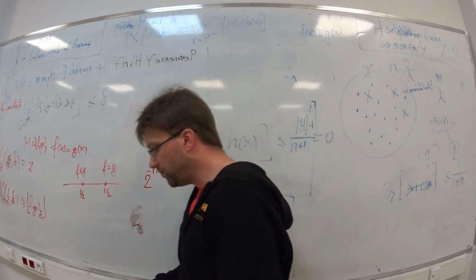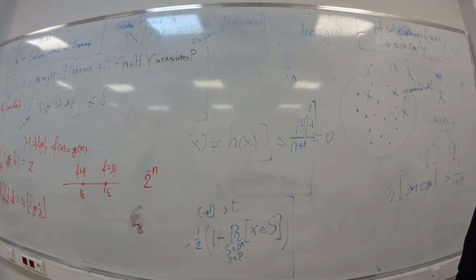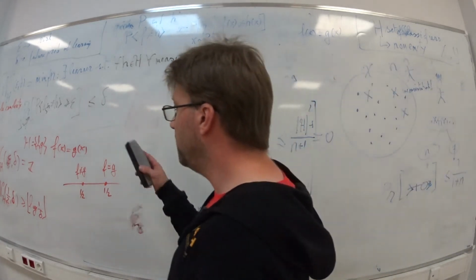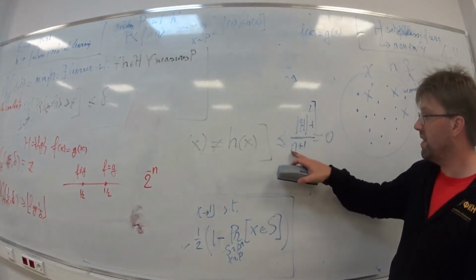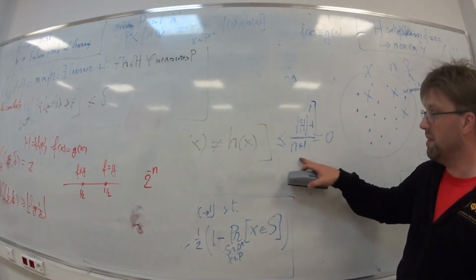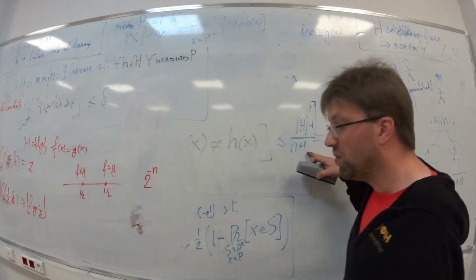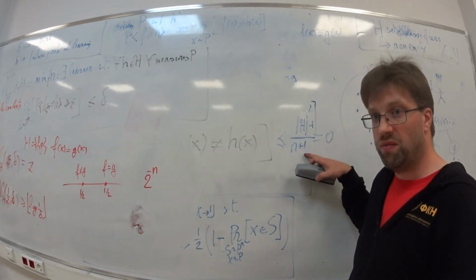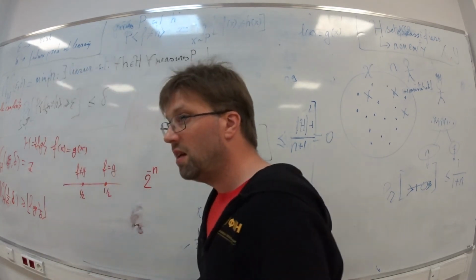Okay. So now all the previous proofs can be repeated. Here we said if h is finite, then we can apply the Markov bound to bound this error probability.